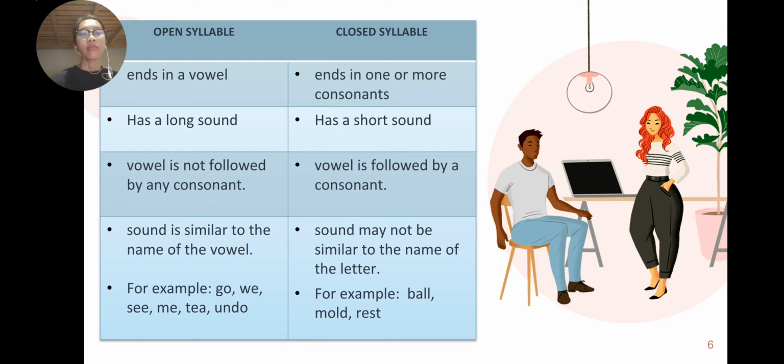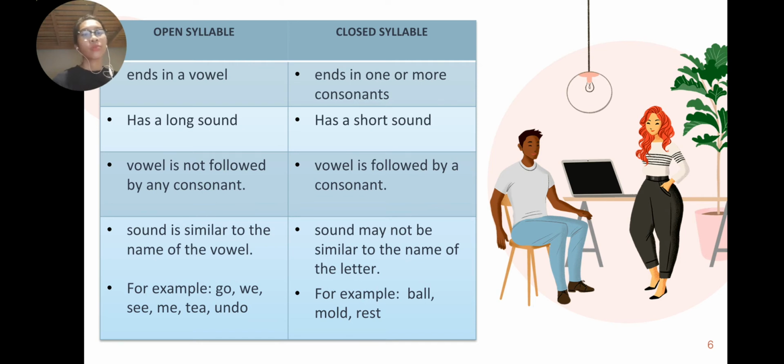And lastly, the sound of the vowel. For open syllable, the sound is similar to the name of the vowel, like a, e, i, o, and u. And for closed syllable, the sound may not be similar to the name of the letter. So let's check some examples. We have go, we, see, me, tea, and undo.